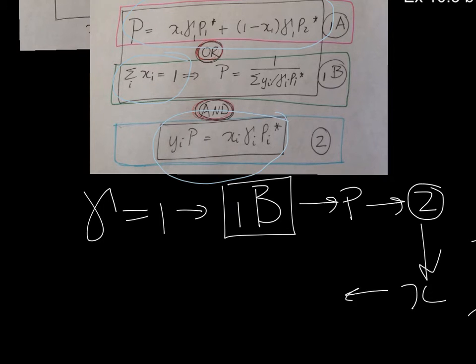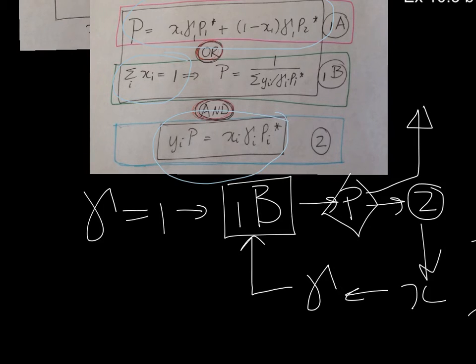Once you know the x values, the activity coefficient equations can be applied to calculate new gamma values. This can then be used in equation 1b again to calculate a new pressure. Your loop would be exited once the pressures reach convergence.